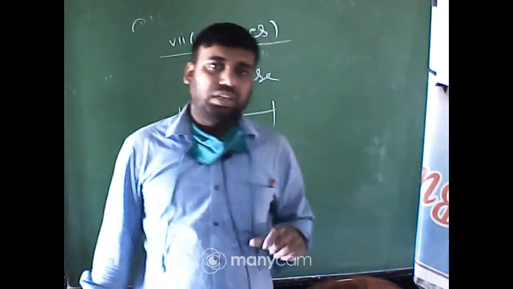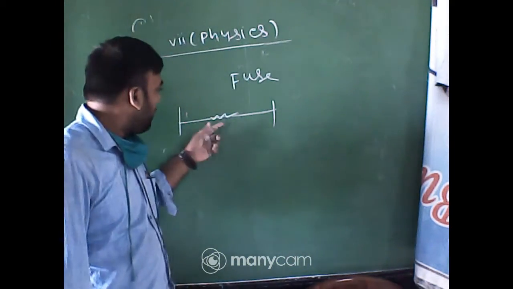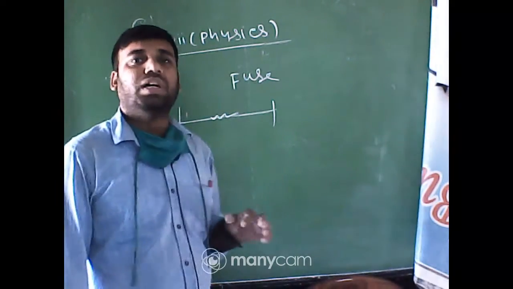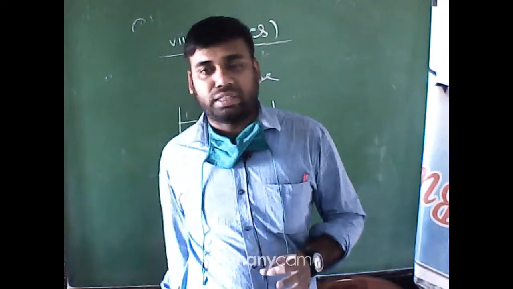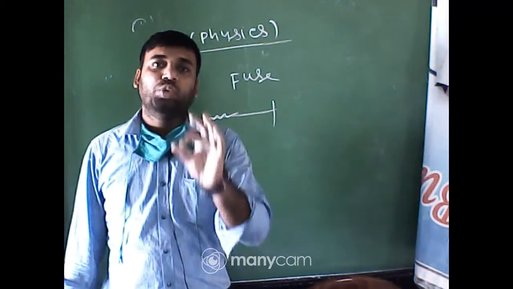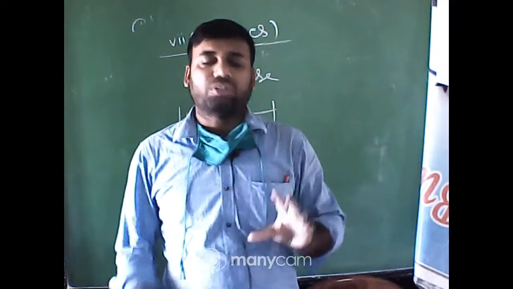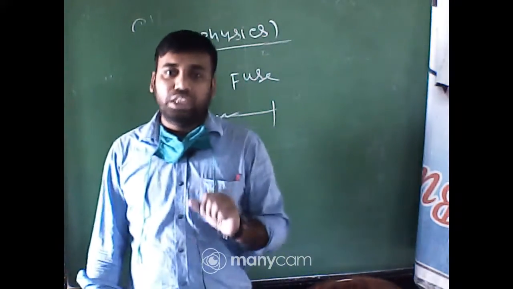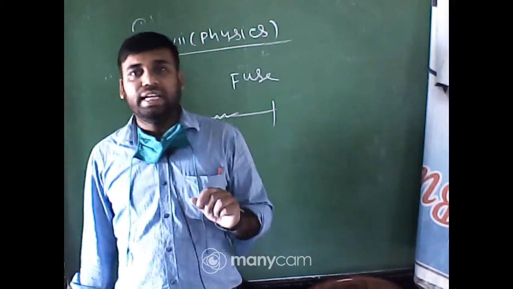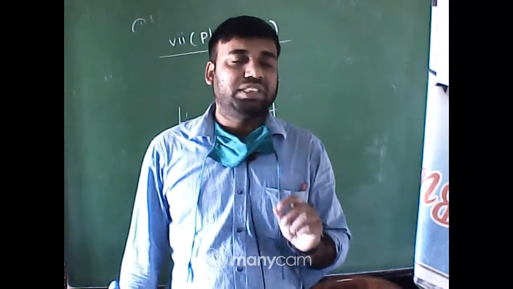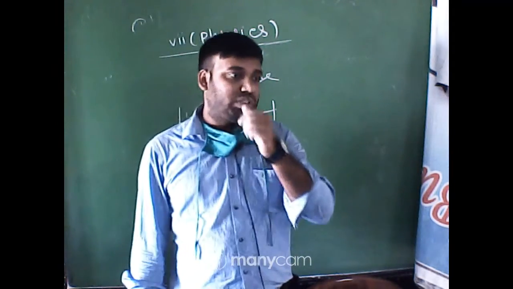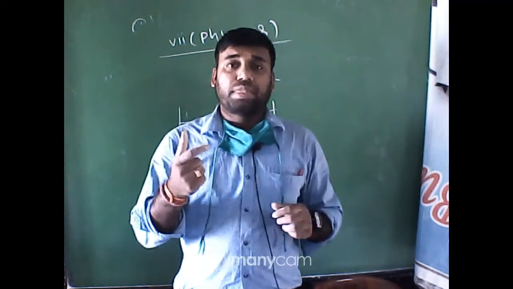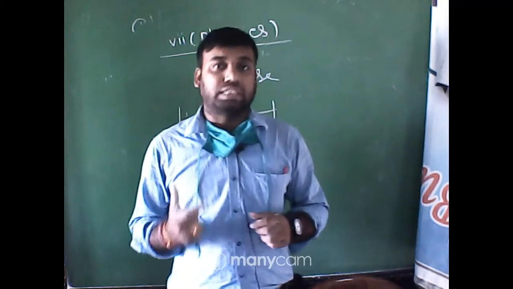That depends on the material of the conductor or wire. Using that property, we make the fuse. Actually, the fuse is a safety device. We use it to prevent any electrical accident and to prevent damage to electrical appliances. Actually, the fuse disconnects the circuit.